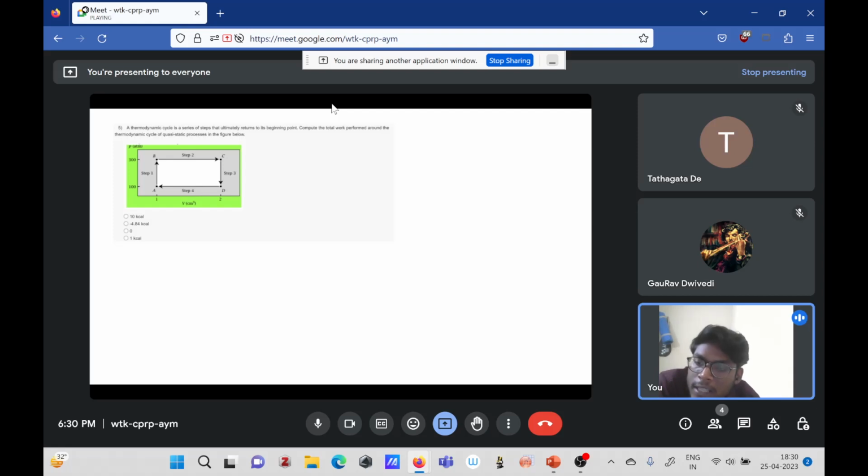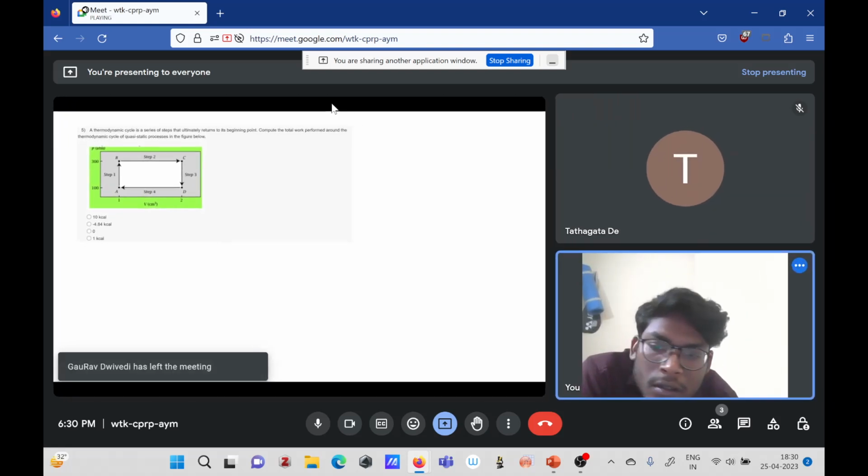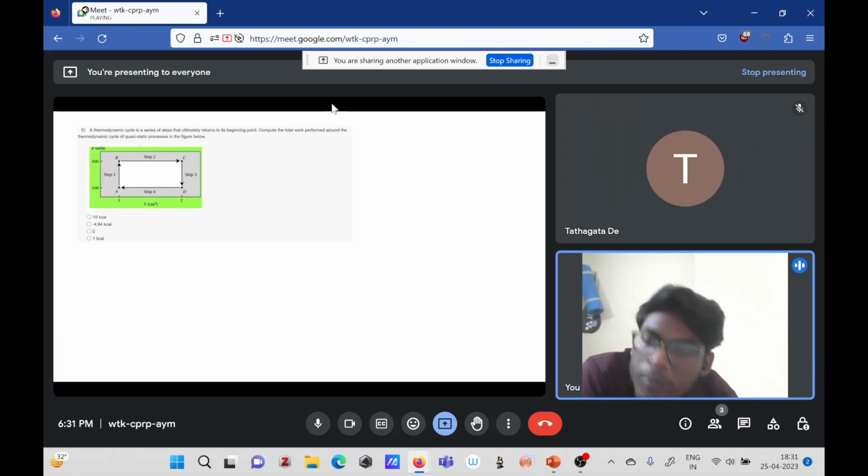The figure starts from point A, where the pressure is 100 atm and volume is 1 centimeter cube, and then it has reached B, where the pressure is 300 and the volume is fixed. What is this process called? A to B, where V is constant.